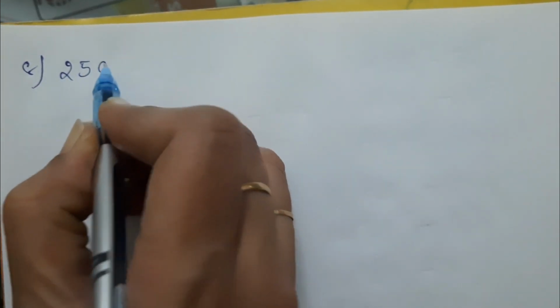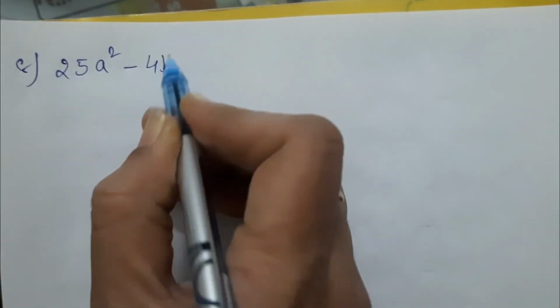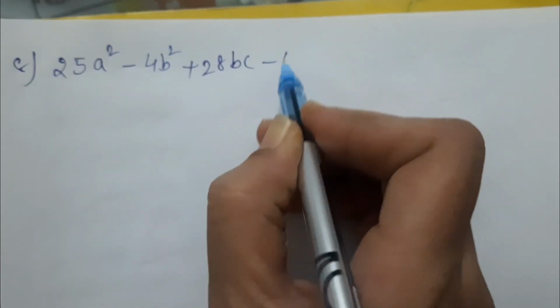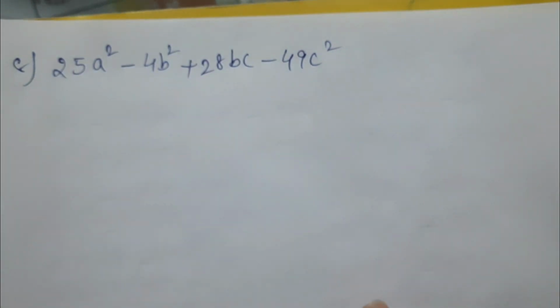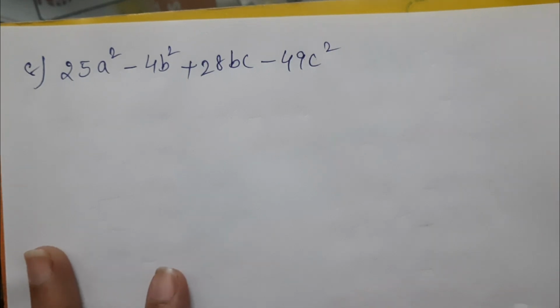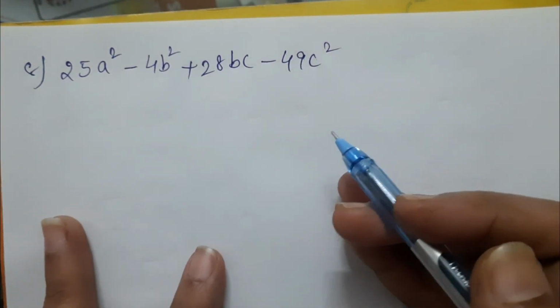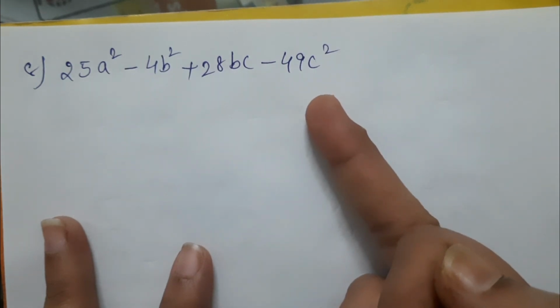Now one more question of the same type. Here the question is 25a square minus 4b square plus 28bc minus 49c square. Again students may get confused here. Many terms are there. Till now ma'am taught only 2 or 3, but here 4 terms are there. How to solve it?